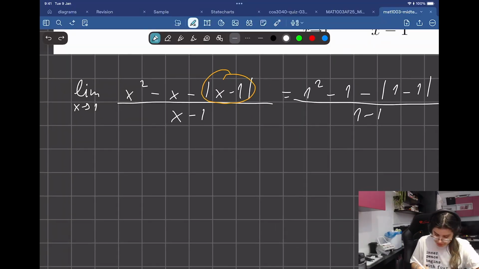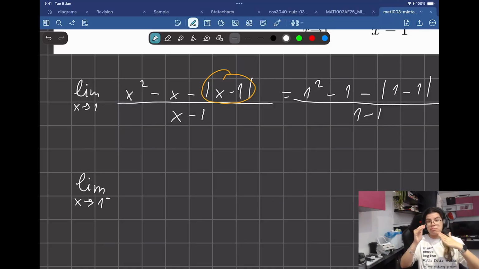So I typically start with the left-hand limit, but that's not the rule. It doesn't really matter. So I'm going to approach 1 from the left. Whenever we are approaching from the left, we put a minus sign, right? Minus is equivalent to left. So this means that my value is going to be close to 1, but slightly less than 1. It's going to be like 0.9999 something, but less than 1, okay?